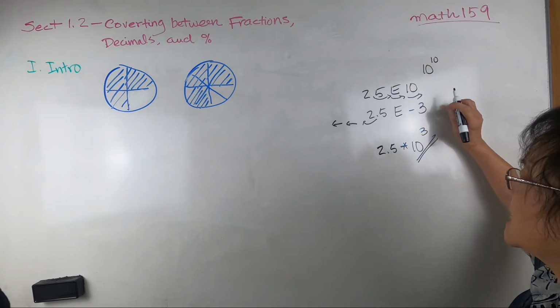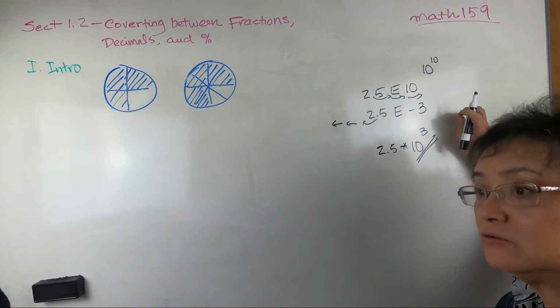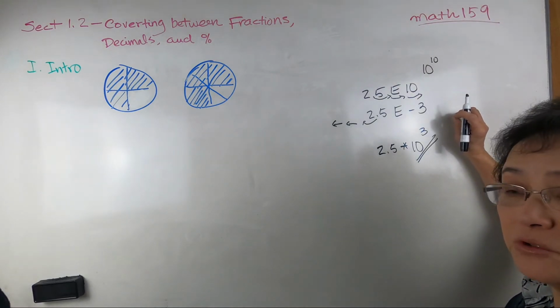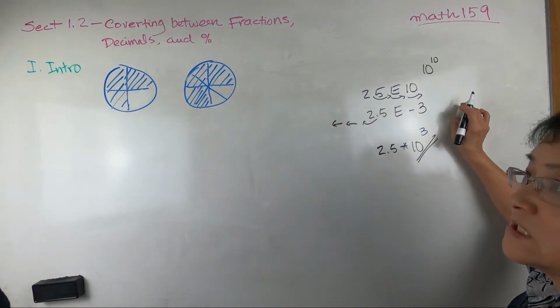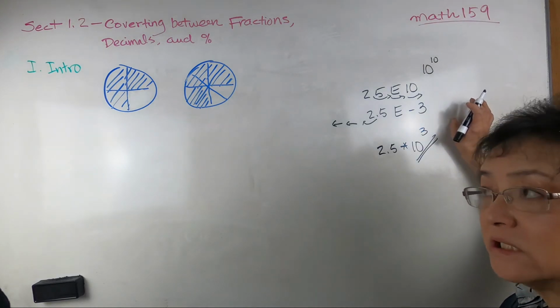So you use scientific notation, then you use the calculator or computer to find the numbers. That's what we talked about in section 1.1 last time, about decimals and rounding.